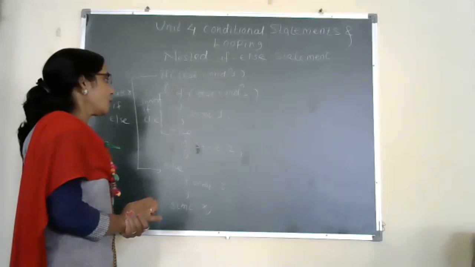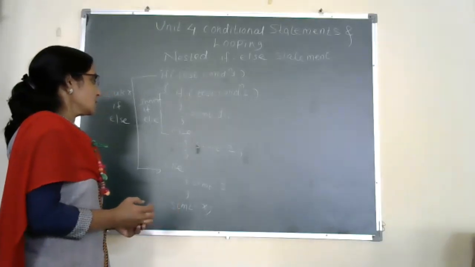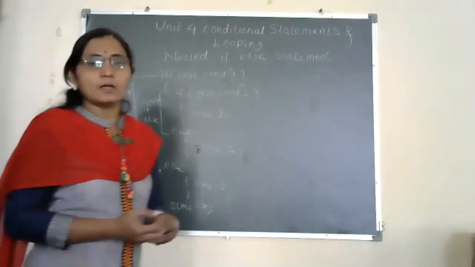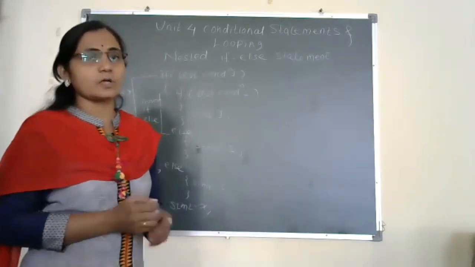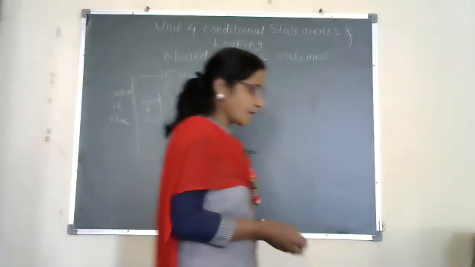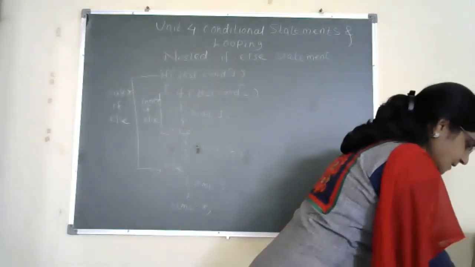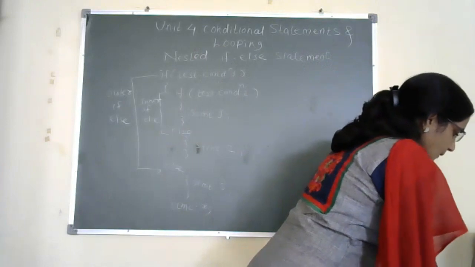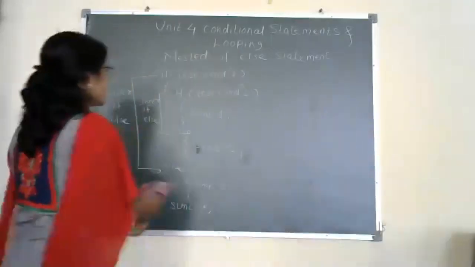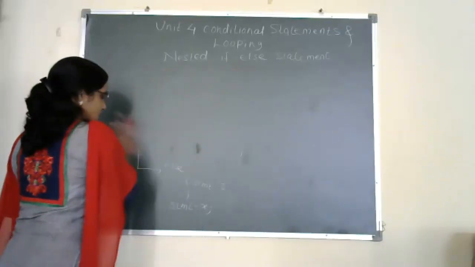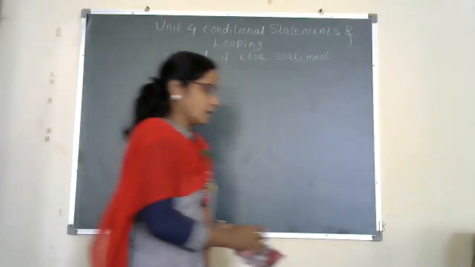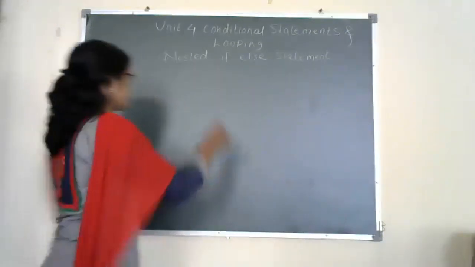It means when you have multiple conditions, or more than one condition, and multiple alternatives, in that situation you have to use the nested if-else statement. One simple example: suppose I want to find out the largest of three numbers using the nested if-else statement.